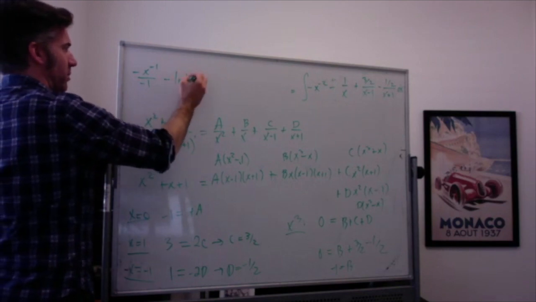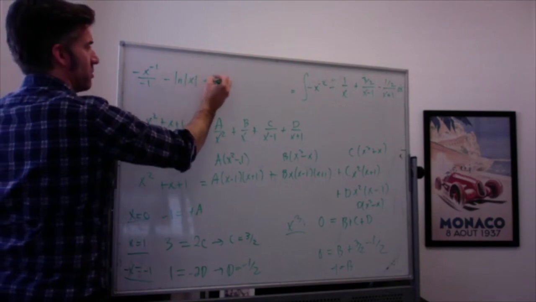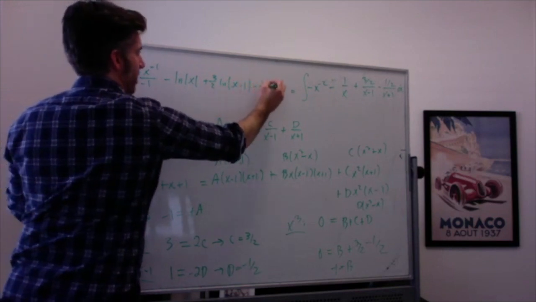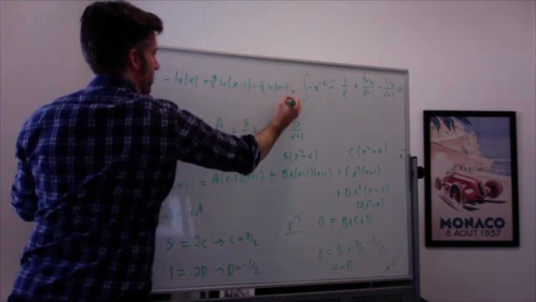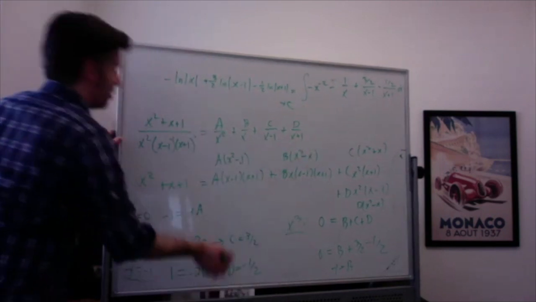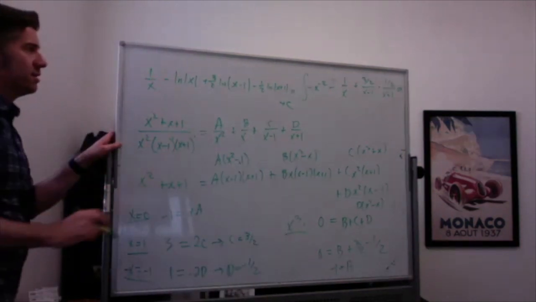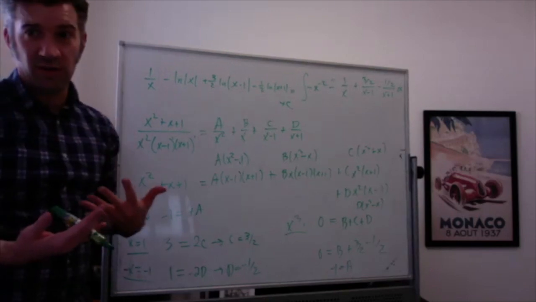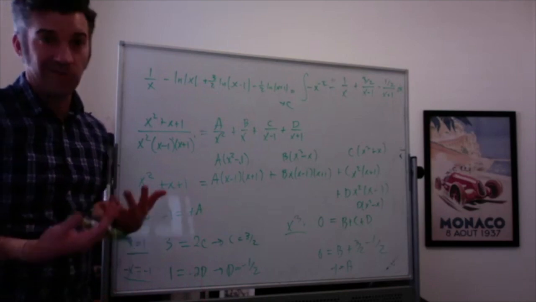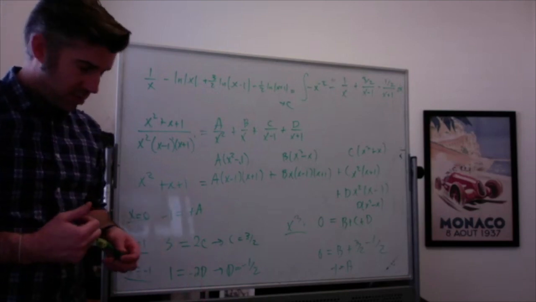Minus natural log of the absolute value of x, plus 3/2 natural log of the absolute value of x minus 1, minus 1/2 natural log of the absolute value of x plus 1, plus c. So the whole idea here is that by this partial fraction decomposition, you're going to make the thing you're trying to integrate much easier to integrate. All right.